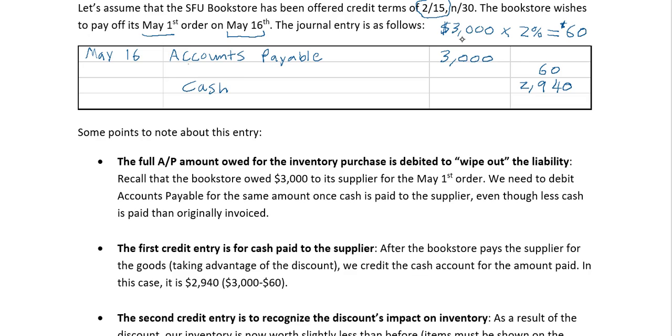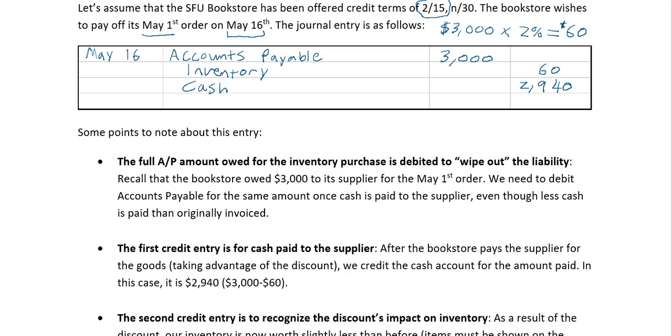It will be inventory, and I'll explain why it's inventory. The reasoning is that based on historical cost, we should record our inventory at what we paid for it. So back when we first acquired the inventory, we owed $3,000 to our supplier, and that's what we recorded our inventory as.